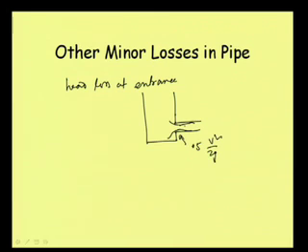So, a very common expression that we use is 0.5 V square by twice g.